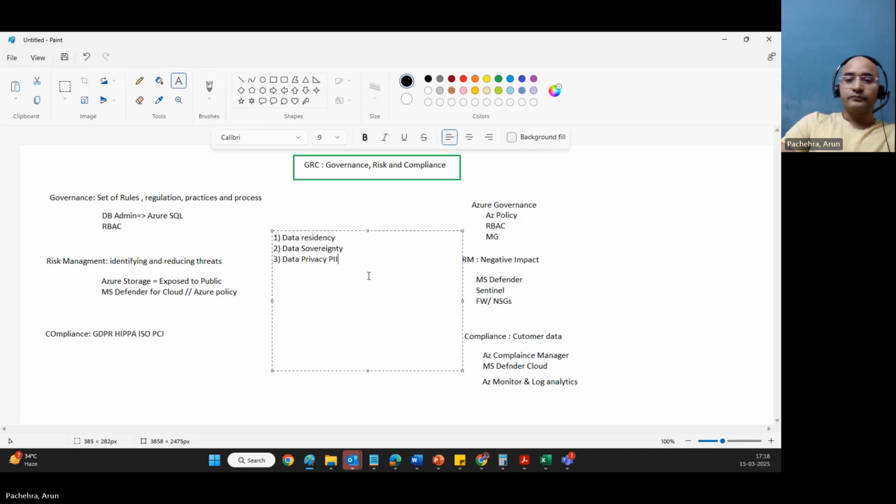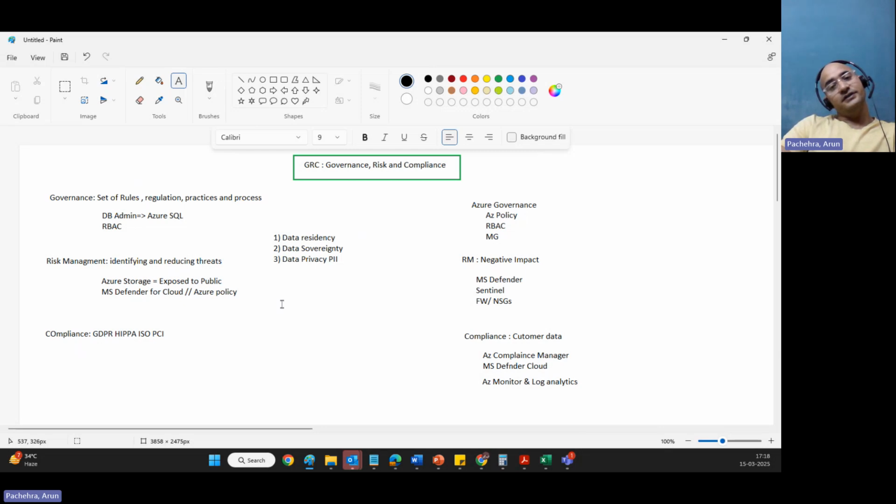So these are three important compliance related concepts. Let's take an example. Let's suppose there is a company in Germany who wants to ensure customer data is stored only in the Europe data center to comply with GDPR. So using Azure region-based policies, they can restrict data storage to a specific region, ensuring legal compliance.